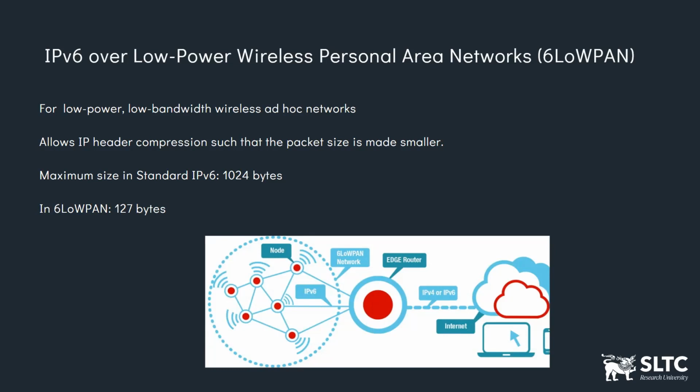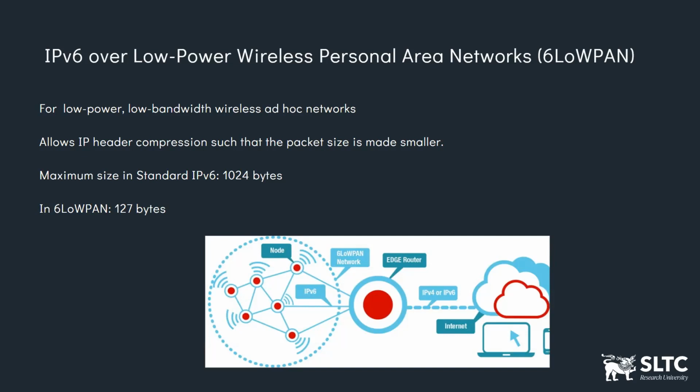The reason is that this protocol enables the system to compress the IP header so that the packet size is made smaller. Once the packet size is smaller, the transmission of data packets is done with less power and energy.